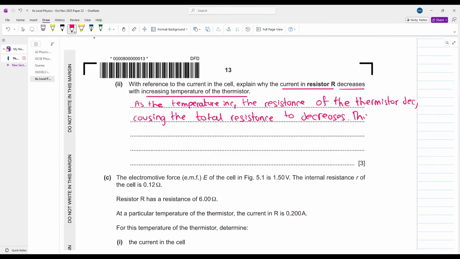This causes the current in the circuit to increase.